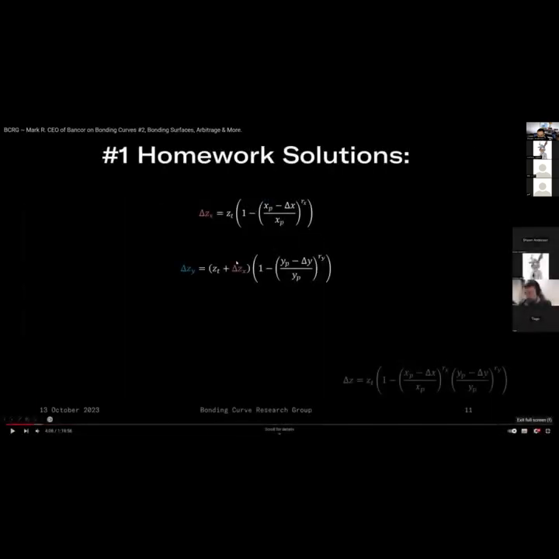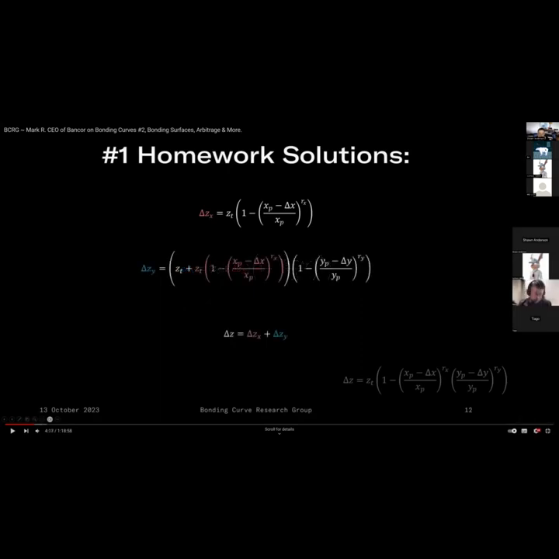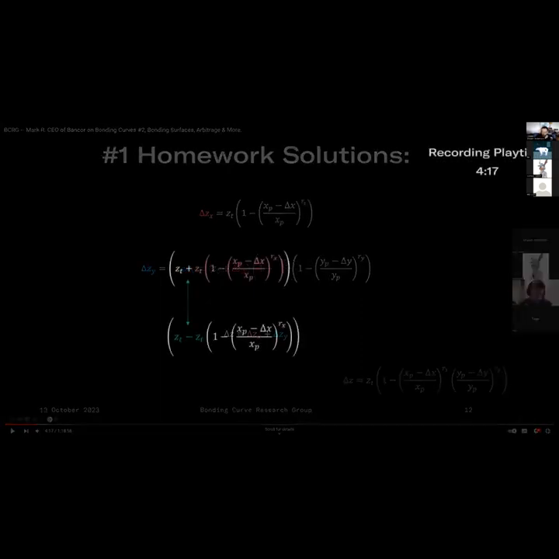And then I caught this while I was presenting one of the homework solutions. This is the one where you're removing liquidity in 2 tokens simultaneously. This should be a minus sign. So there was a sign inversion all the way through this solution, and I apologize for that.